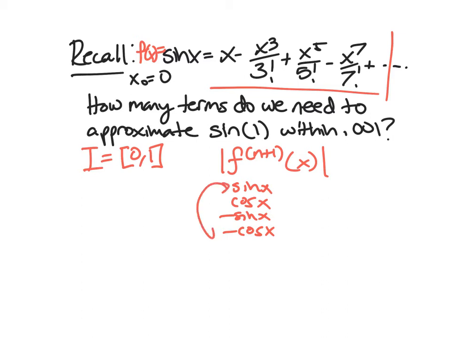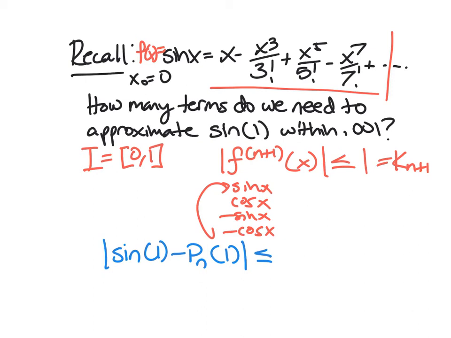And then we just loop it. And so all of these, if we're on the interval from 0 to 1, well, at 0 we do get up to 1, but of course we never get bigger than that in absolute value. So we can say it's less than or equal to 1, and that will be our K n plus 1. So this is the upper bound we can use.